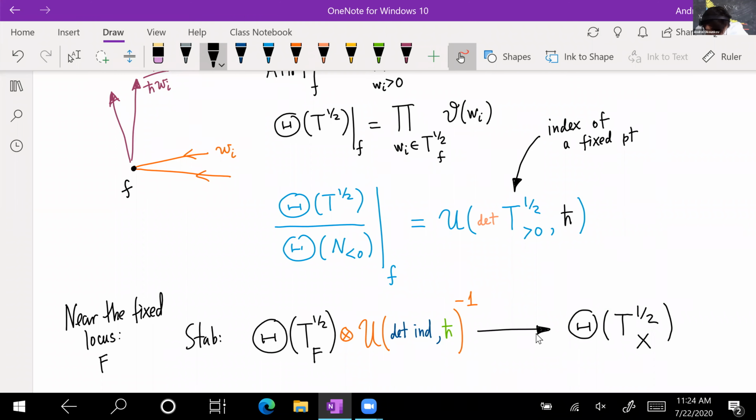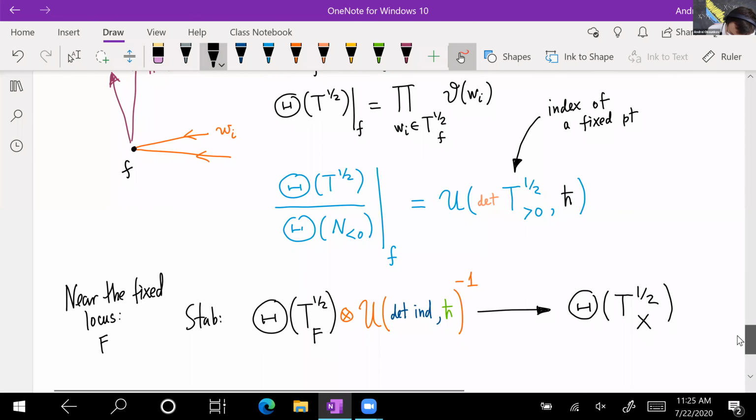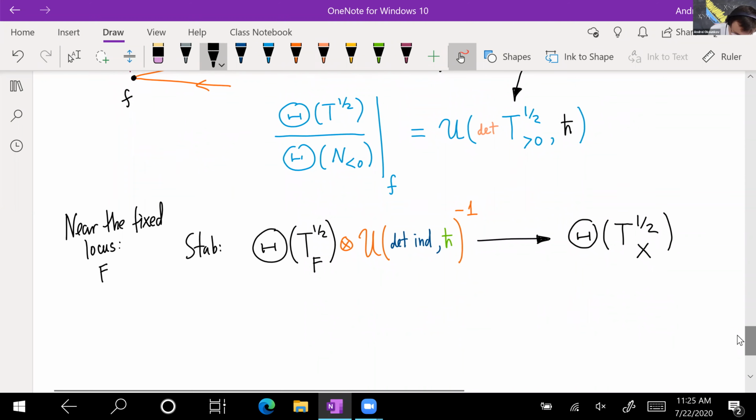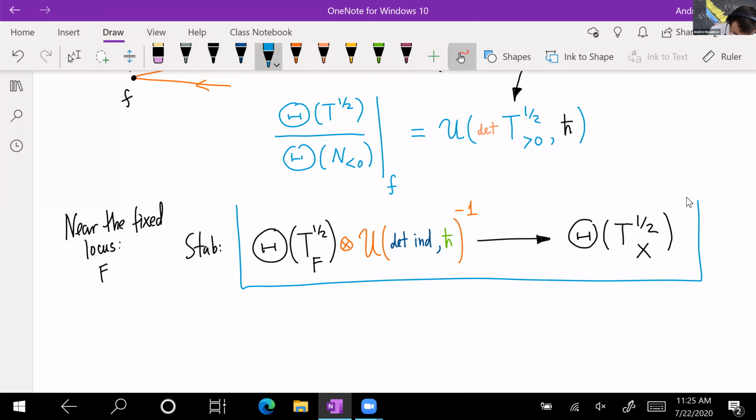Okay, so this is by the property. If I additionally twist, this is pretty important. It says that even if I fix a polarization, I must introduce that twist, otherwise I'm not going to be in the correct line bundle. This shift must be there.